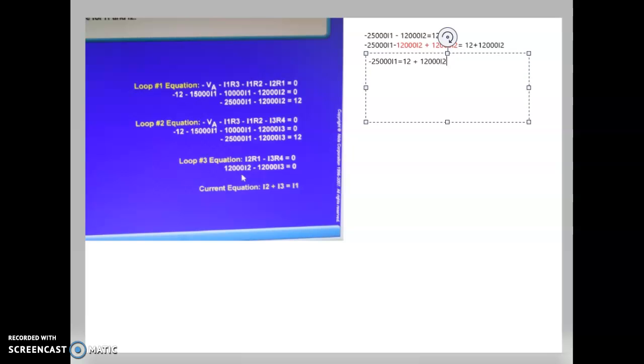I2. So to get rid of the minus 25,000 in front of I1, that's a multiplier of I1. We're multiplying whatever I1's value is by minus 25,000. To get rid of that, I'm going to divide both sides, and I'll put a dividing line here so you can see that.